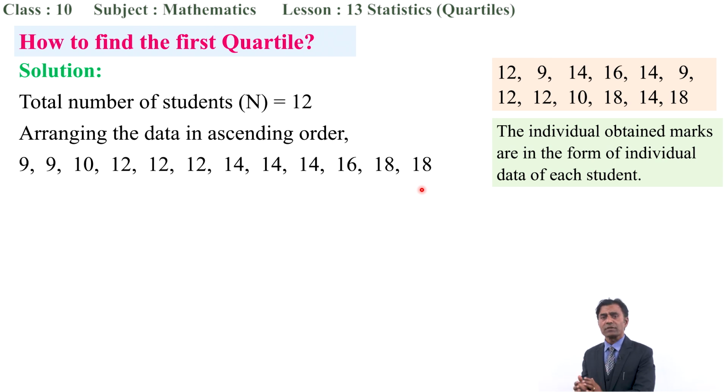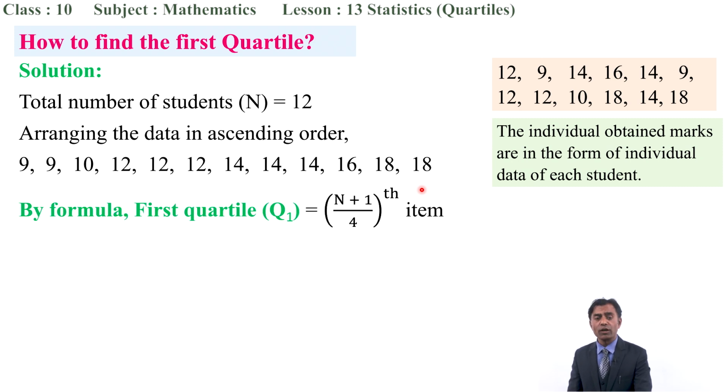After that, we know how to find the first quartile. We know from class 9, but what is the formula? By the formula, the first quartile Q1 is equal to the (n plus 1) by 4th item. What does n represent? n is the total number of students.